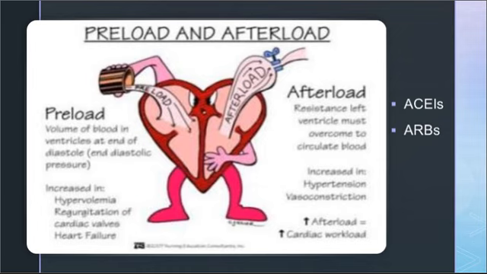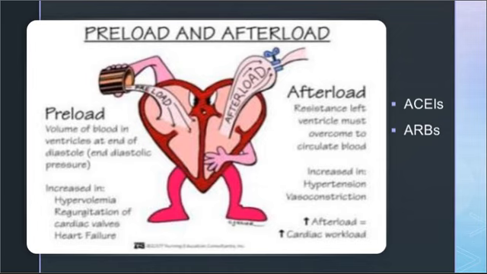So the volume there is your preload. How much is in that ventricle when it's getting ready to squeeze? Afterload is how much pressure that ventricle has to pump against to empty itself out, the resistance the left ventricle must overcome to circulate the blood. Your afterload is your cardiac workload.